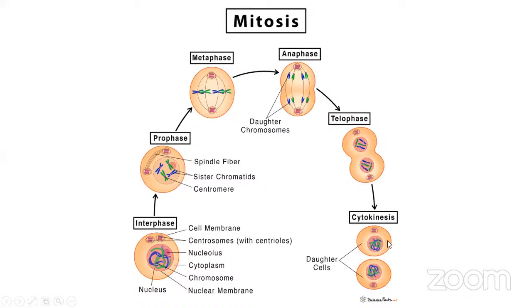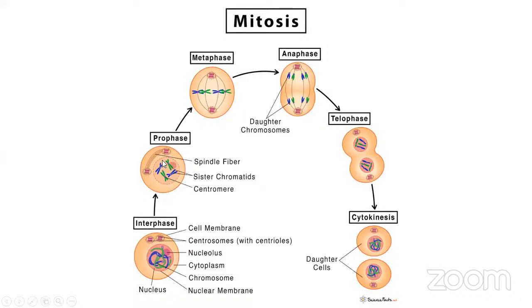So if you want to recapitulate whatever we have told just now, there are basically four different stages of mitosis: prophase, metaphase, anaphase, and telophase. Prophase is characterized by condensation of the chromosomes, where you can clearly see the chromosomes.